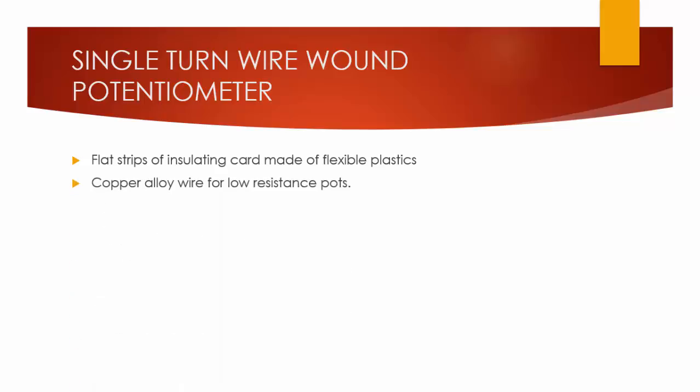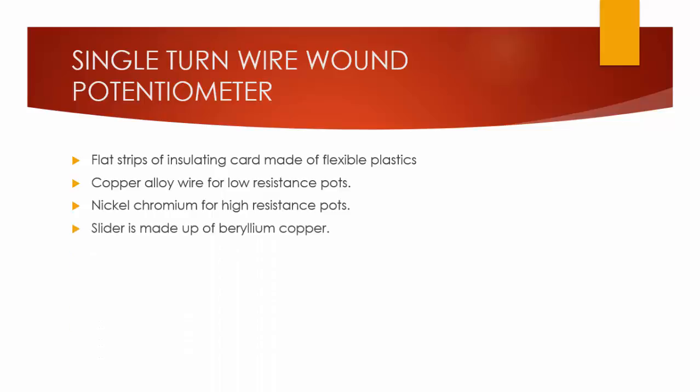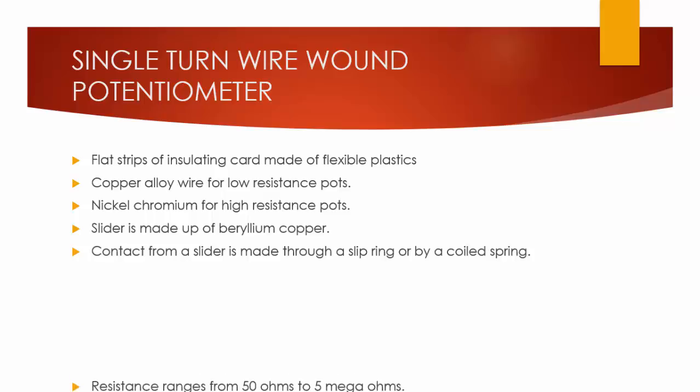For lower resistance, copper alloy wire is used, and for a higher amount of resistance, nickel chromium is used. Further, the slider is made of beryllium copper, and the contact from the slider is made through a slip ring or a coiled spring so that the resistance can be varied.